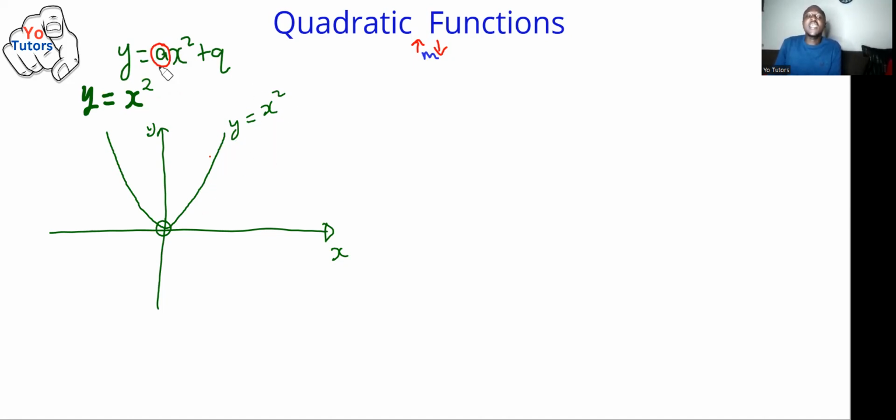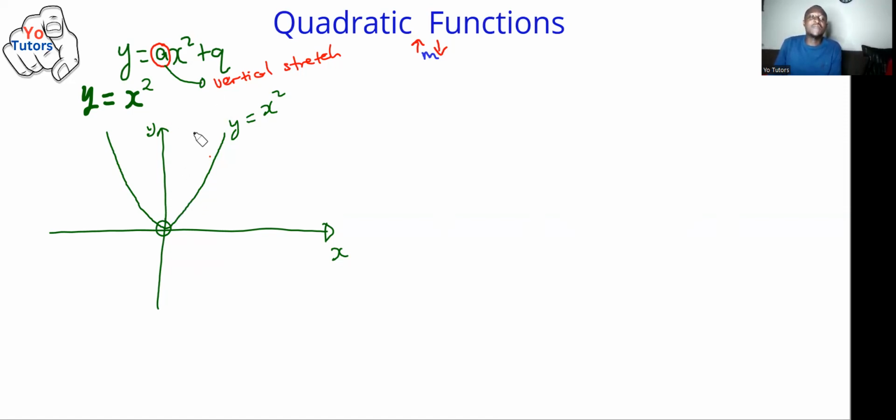So this a has what you call the vertical stretch. It stretches your graph. So when a is above 1, your line will be close to the y-axis.